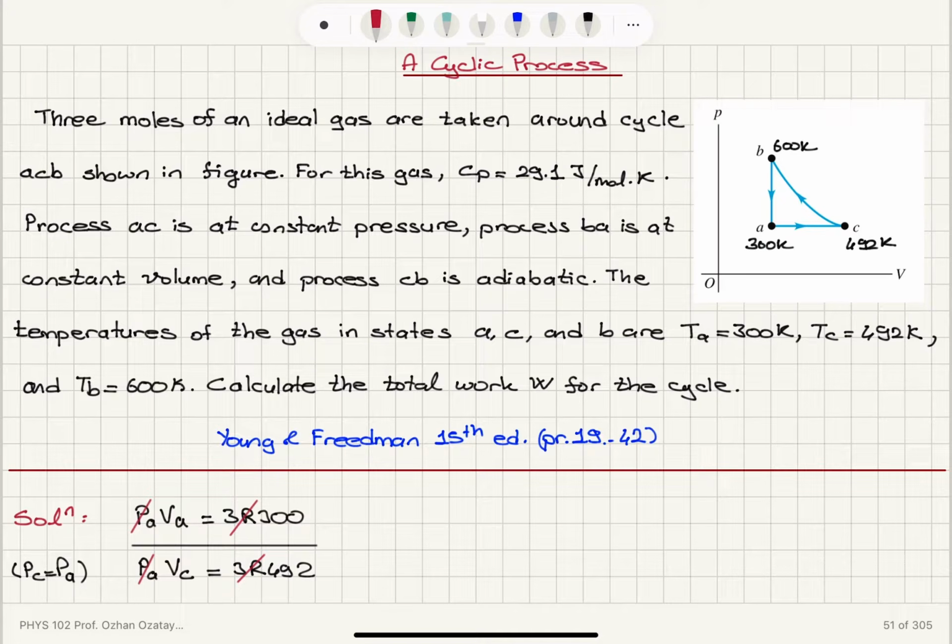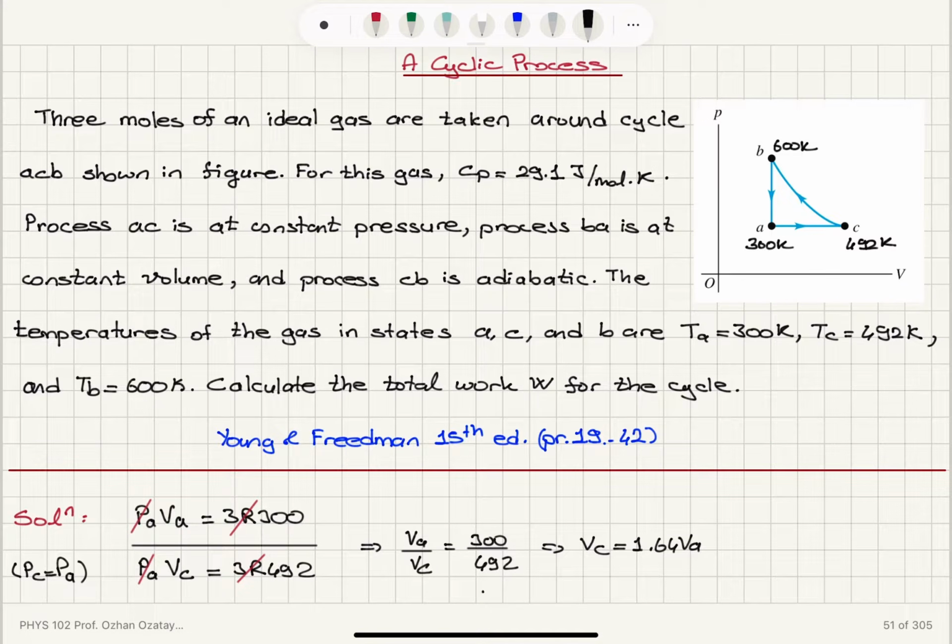So I will be left with the ratio of the volumes, the volume at point A divided by the volume at point C is 300 over 492.